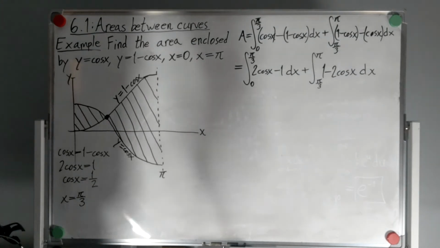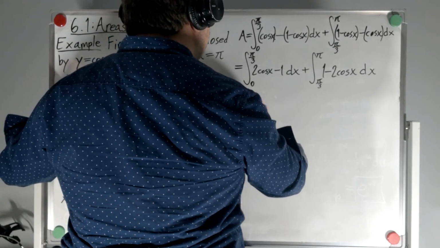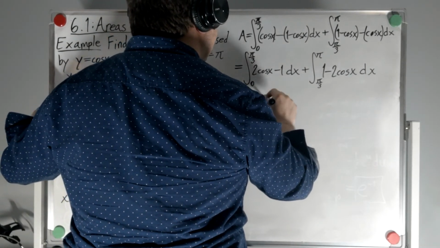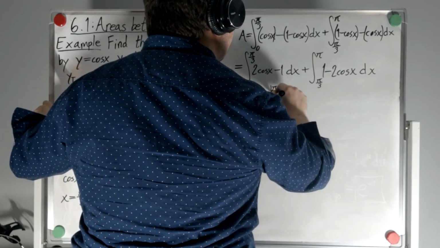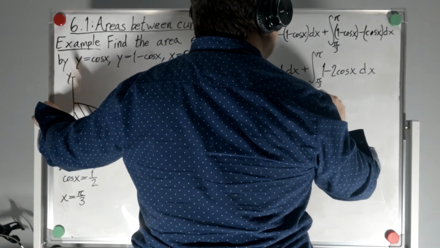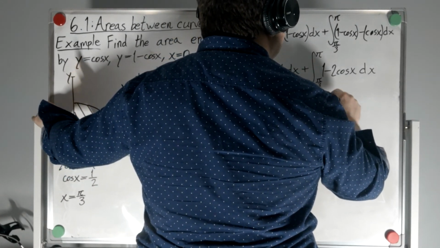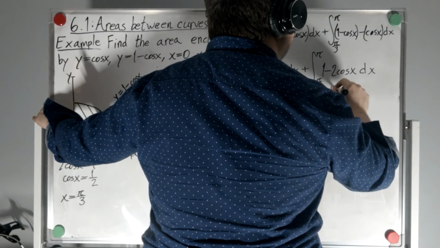All right. So then this just becomes 2 sine x minus x, evaluated from 0 to pi over 3, plus x minus 2 sine x, evaluated from pi over 3 up to pi.